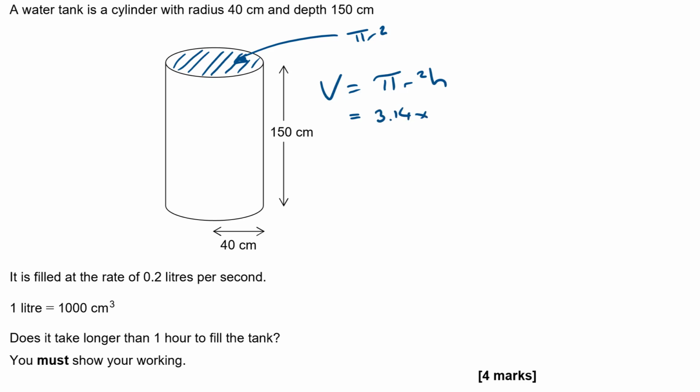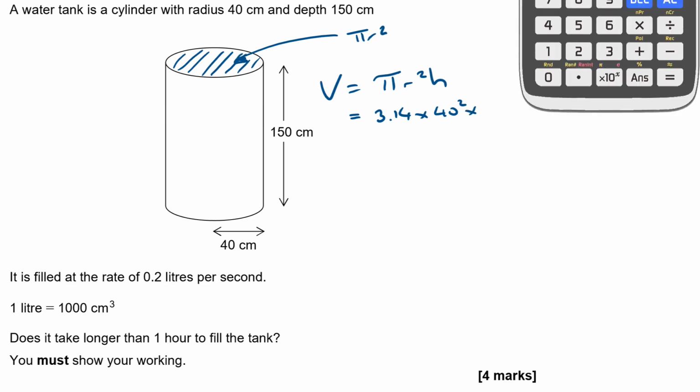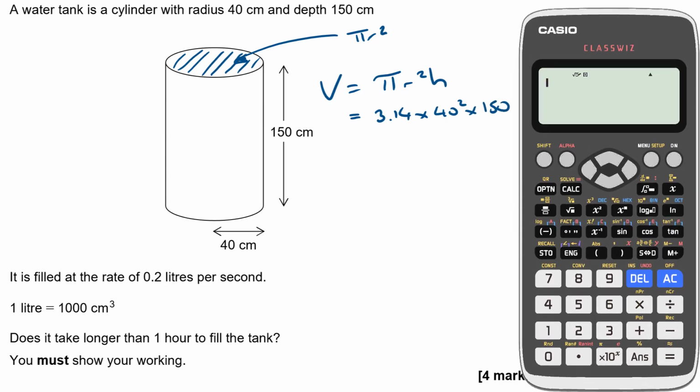3.14 times 40 squared times 150. So what's that? 3.14 times 40 times 40 times 150. So that's 753,600.